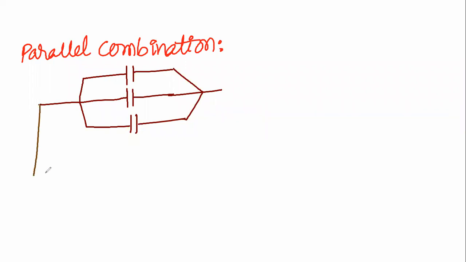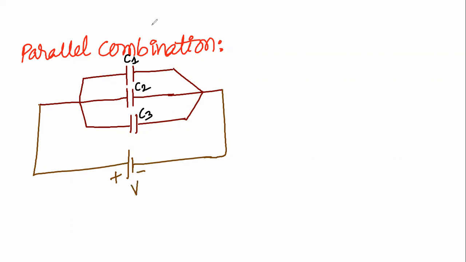So a battery of V volts is connected, with C1, C2, C3 connected like this.